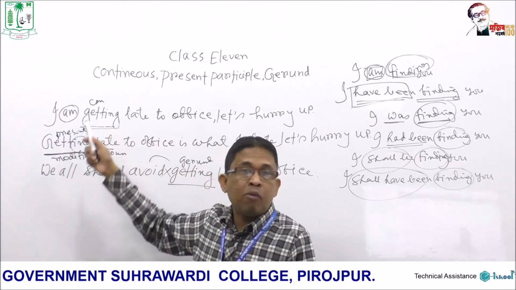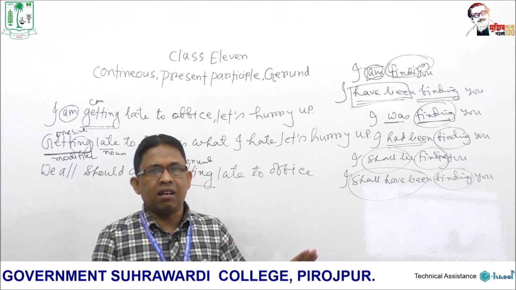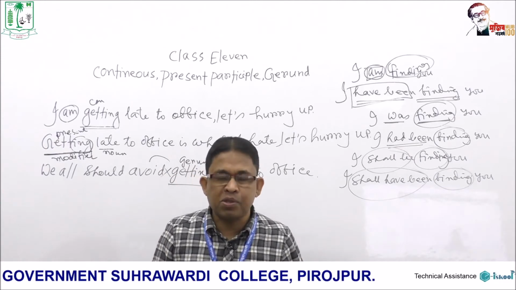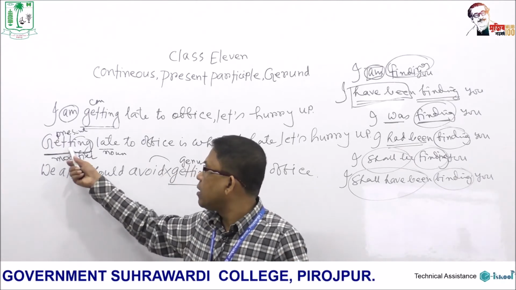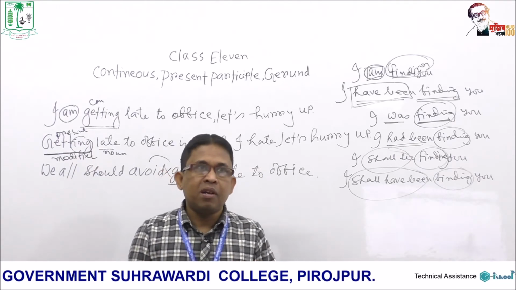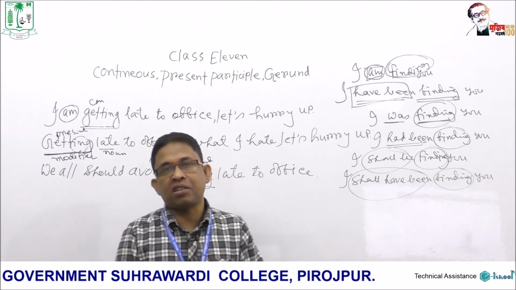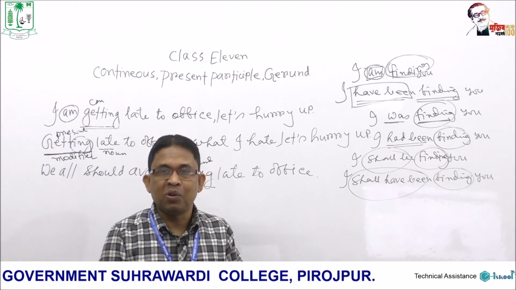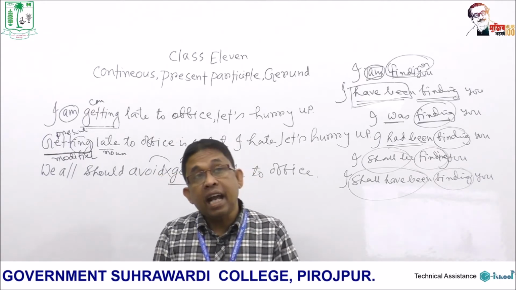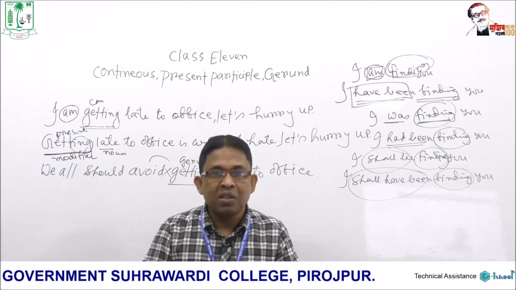A continuous form of verb never modifies or qualifies any other parts of speech or any other words, but a present participle, a participle, always modifies a noun or pronoun. This is the function of the adjective, you know. So, when a verb takes the ing form and it acts just like an adjective, it is called a participle.